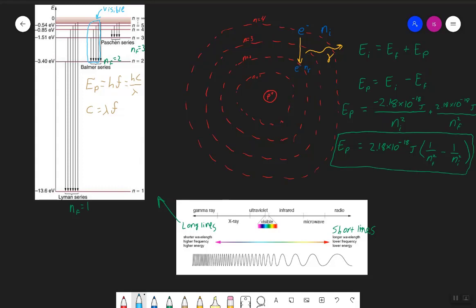The transition from n equals 5 to n equals 2 gives you a deeper blue, and n equals 6 to n equals 2 gives you violet. And then the n equals 7 to n equals 2 is still ultraviolet. So it's high enough energy.